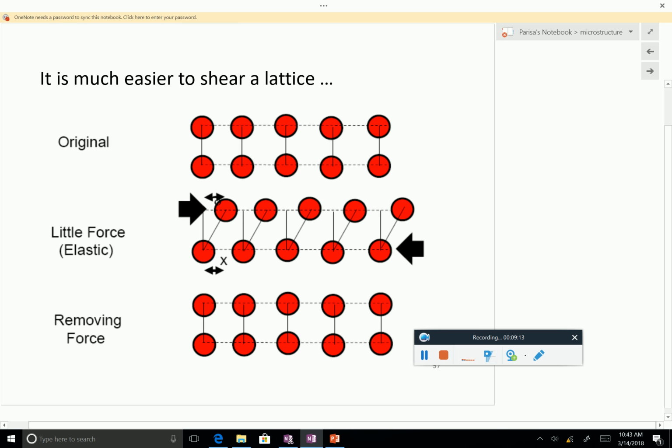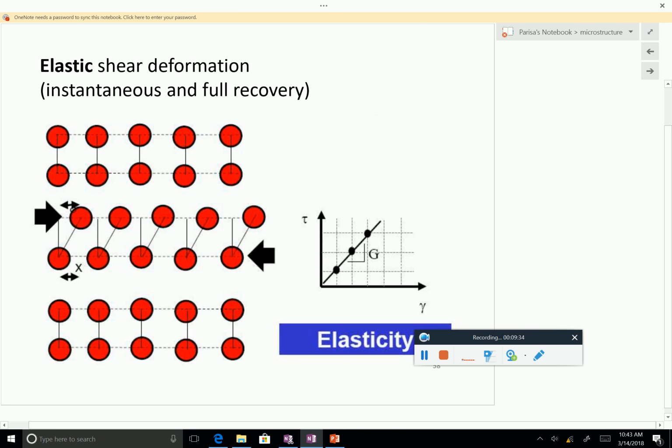So if you apply force and it is not very large, you just stretch the bonds and everything bounces back when you remove the force. You have elastic deformation. If you increase the force beyond a certain level, this doesn't happen any longer. So if everything goes back, you have elasticity.